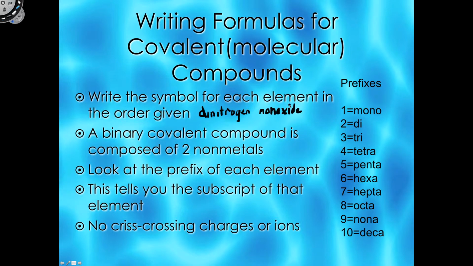Alright, dinitrogen monoxide. Write the symbol for each element in the order given. So it looks like we have nitrogen, and oxide is just oxygen.